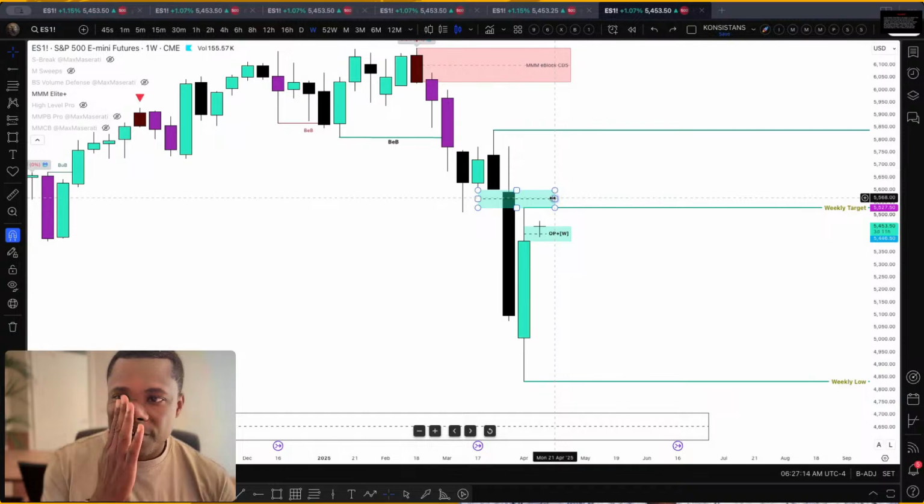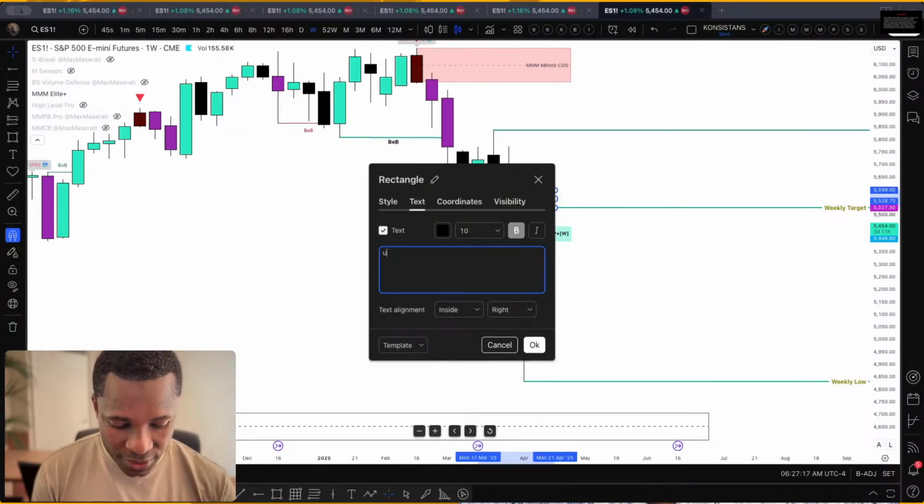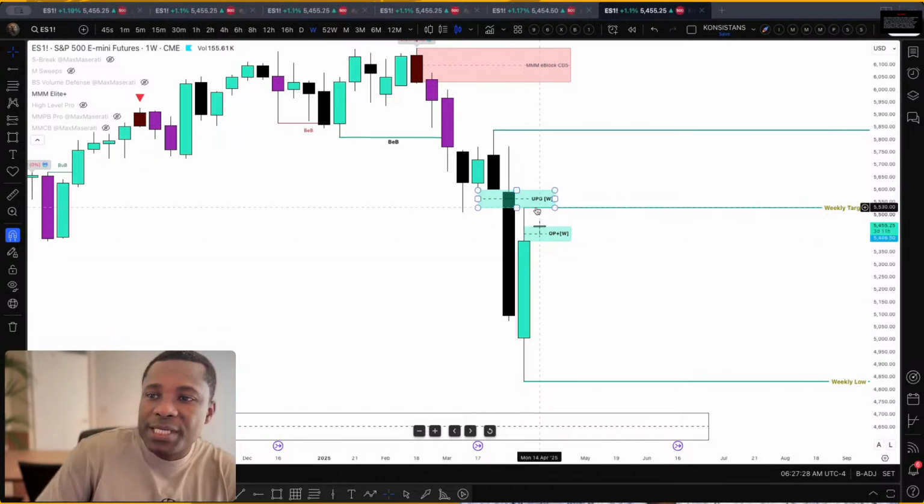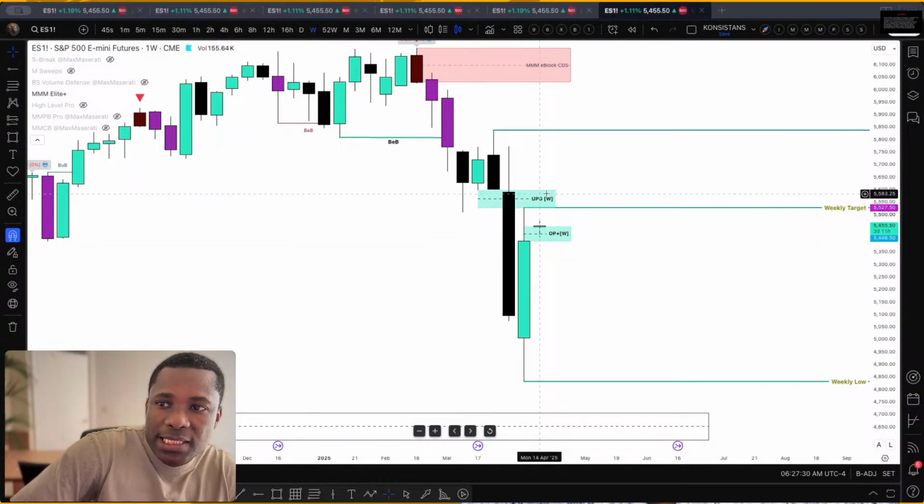Let me see. Hold on. Let me just mark it out. Do you have a UPG, unfair pricing gap, on which level? On the weekly. Since we mark out everything, highly likely we expect price to take this high and get inside of the pricing gap, okay?